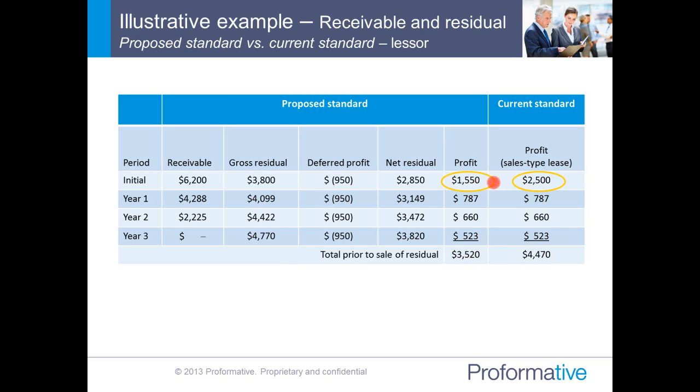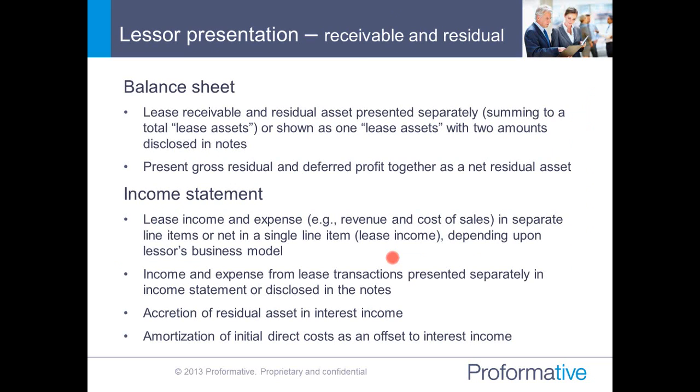This reflects the deferral of the residual portion, and the difference between the total revenue recognized under the current method and the existing method is the deferred portion that will be recognized upon sale of the residual. Let's move on.